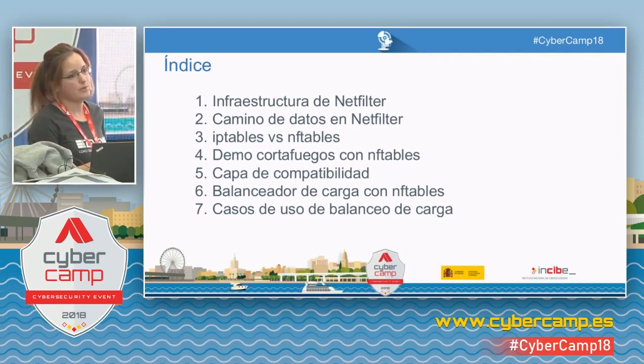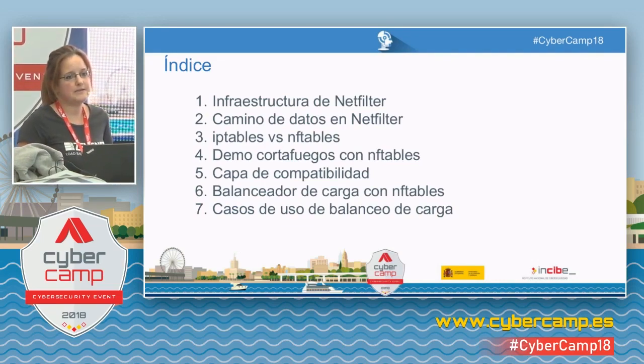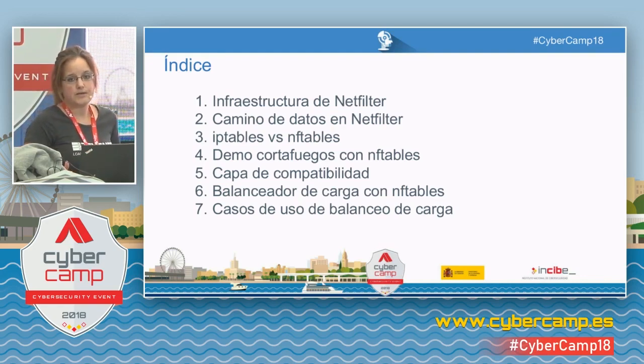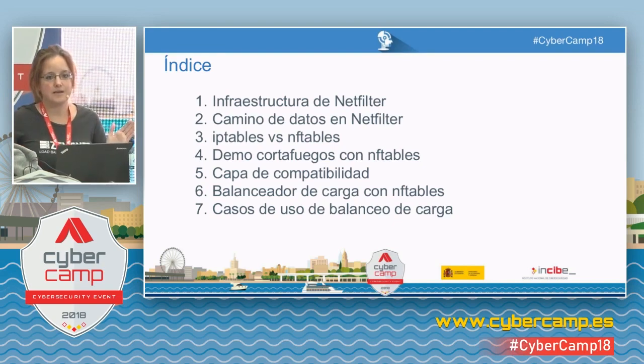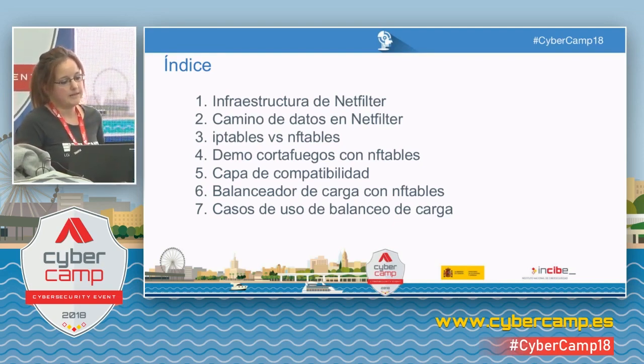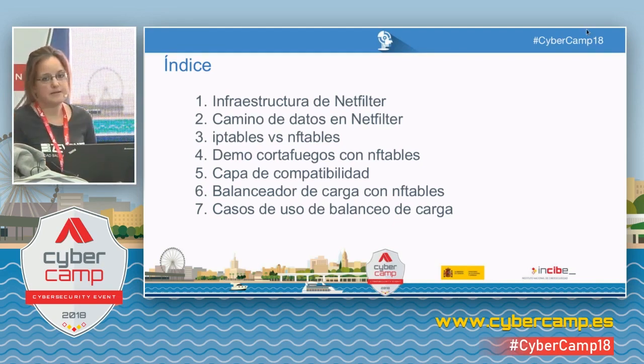This is the table of contents for our presentation. We'll be explaining first what Netfilter is, its infrastructure, including kernel space and user space. We'll be explaining all those components, how it works, the data pathway, since you get your card.